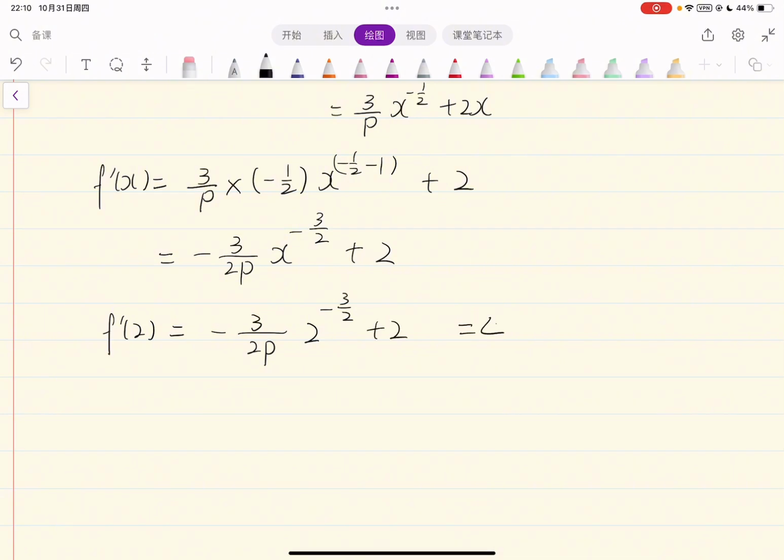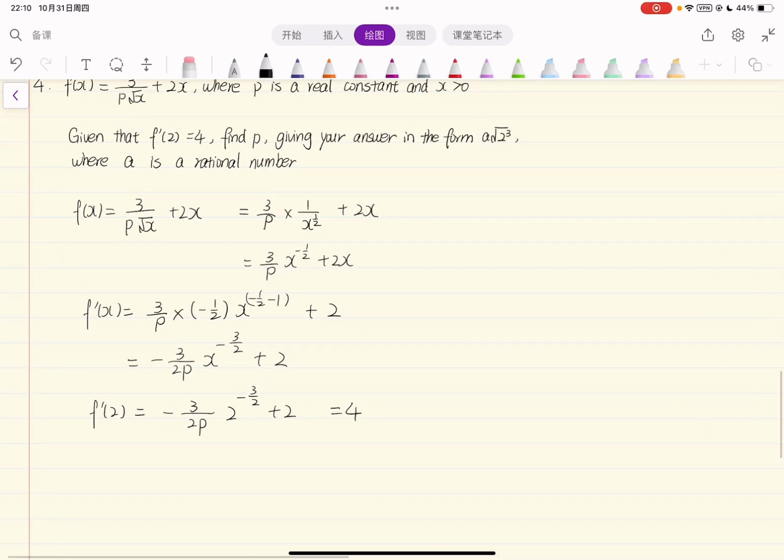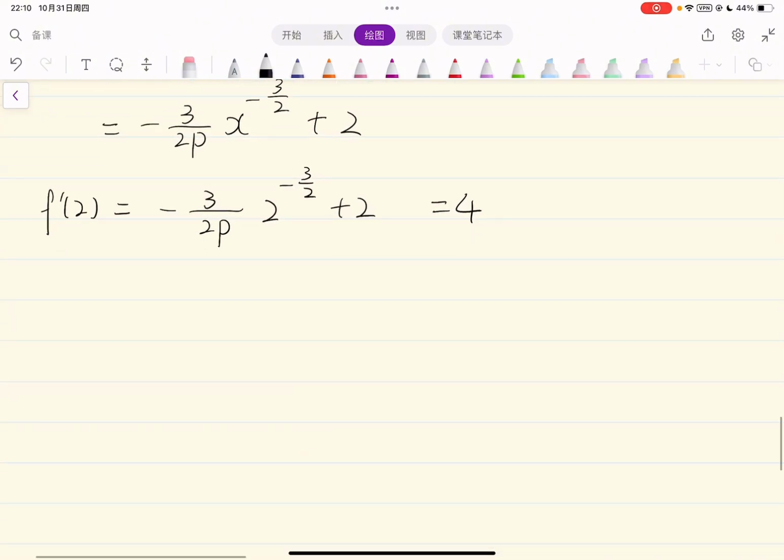That equals 4, as the question gives you. Then we have negative 3 over 2p times 2 to the power of negative 3 over 2 equals 2.